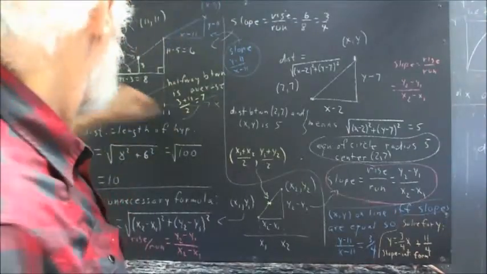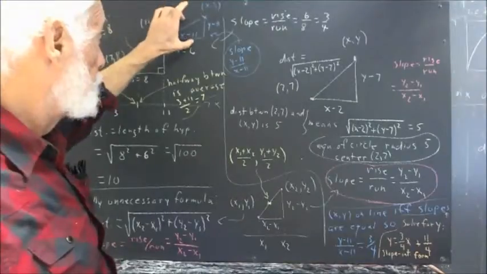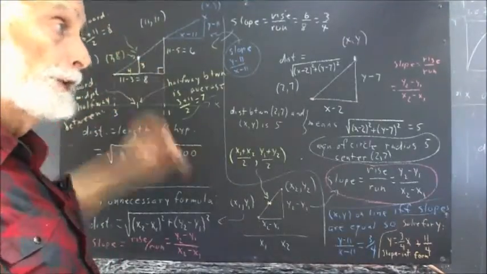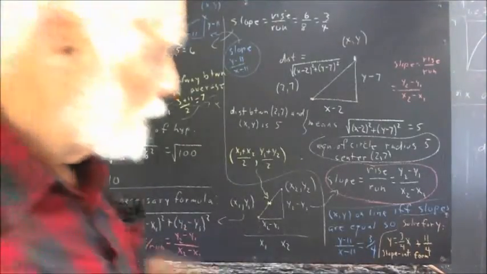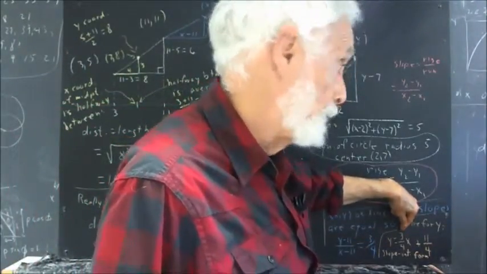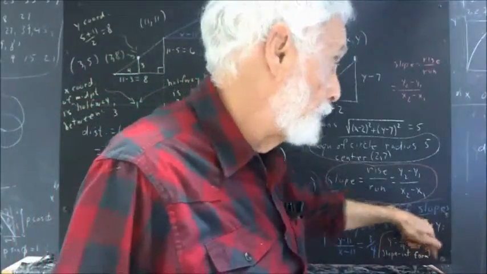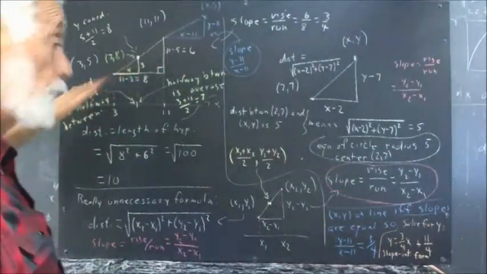Drawing this picture, the two points and a point (x, y), getting the slope of this triangle and the slope of this triangle and setting them equal. Okay? And then the slope of the line is the coefficient of x, 3/4, and of course we know the slope is 3/4, plus 11/4, and 11/4 would be the y-intercept.